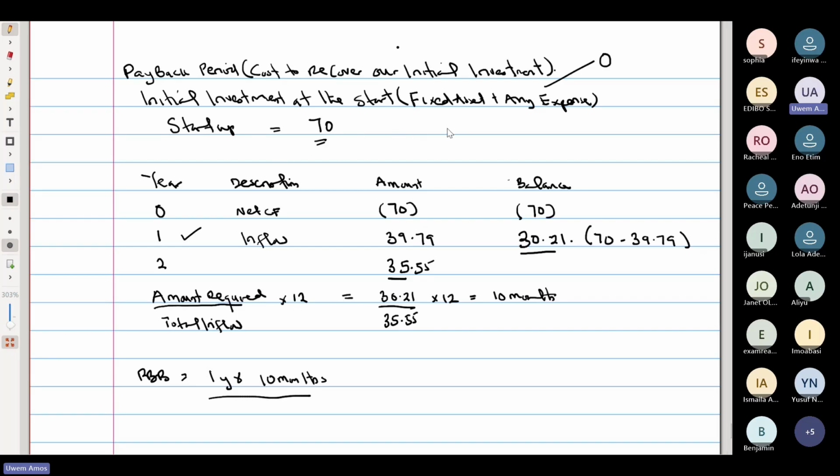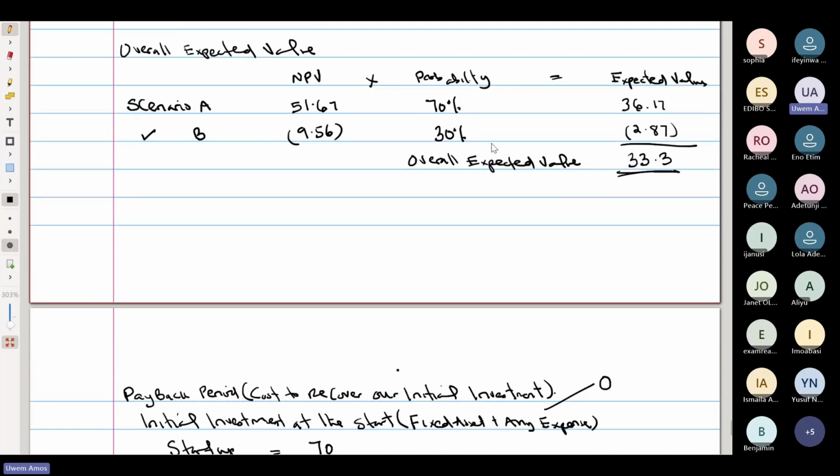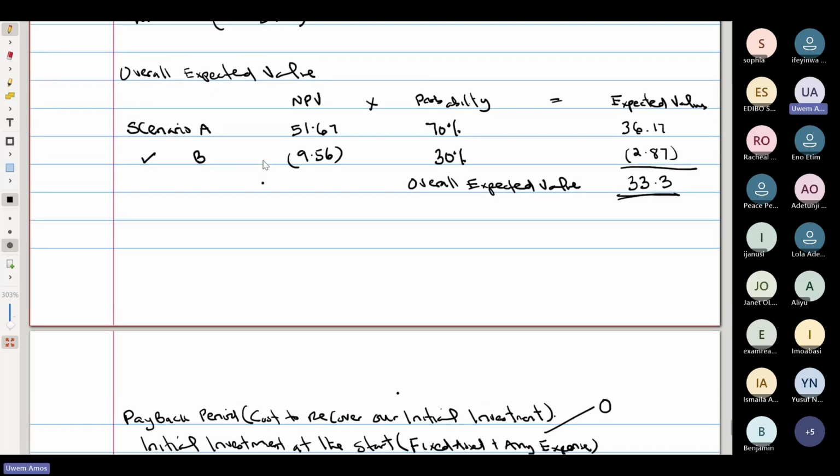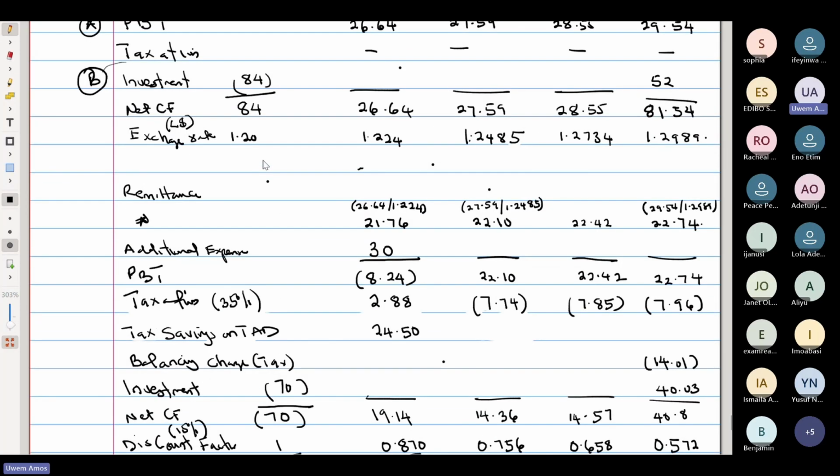In the approach that we adopted in the question, because tax is payable at the end of the year, we considered the additional 30 million expense to be under year 1. Some other persons might do the same computation and say, let's consider it as year 0, and then just factor in the tax.